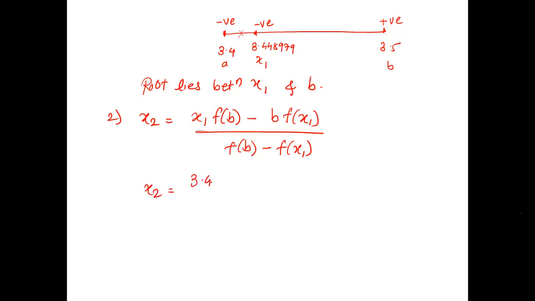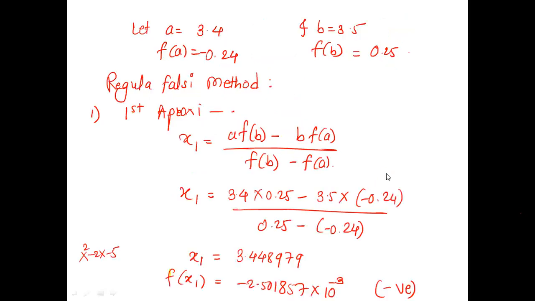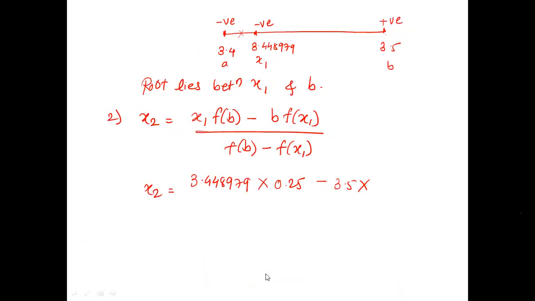x1 is 3.448979 into f of b. F of b is, I guess, 0.25. Check. Correct? Yes, ma'am. Minus b, 3.5, into f of x1, which is minus 2.501857 into 10 raised to minus 3, upon f of b minus f of x1.